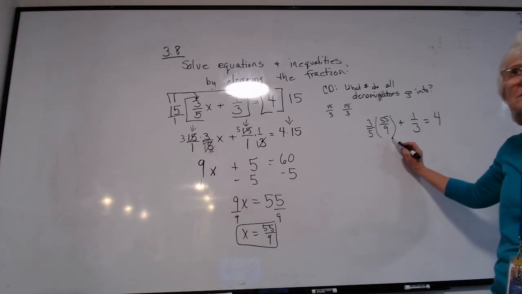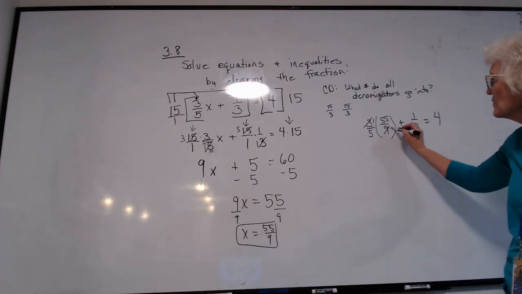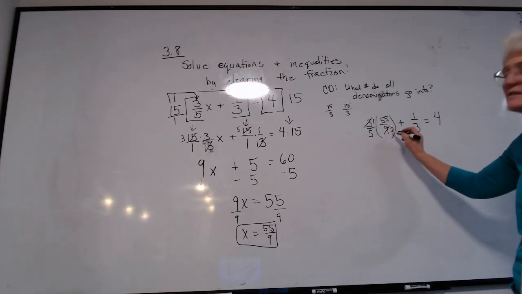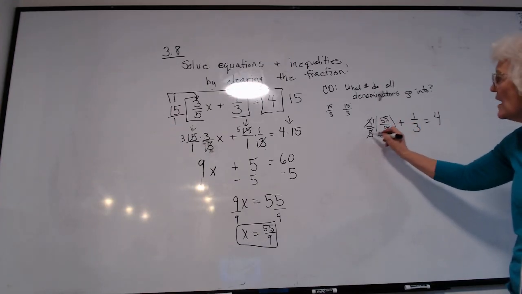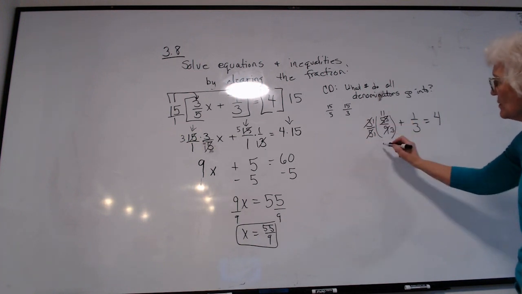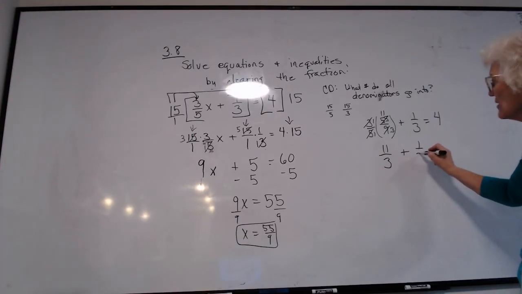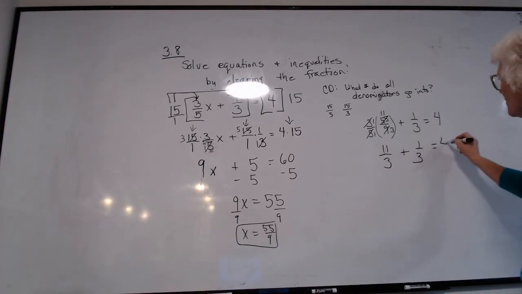It really helps. So 3 goes into this once, 3 goes into this 3 times. 5 goes in here 11. So multiply, I get 11/3 plus 1/3 equals 4.